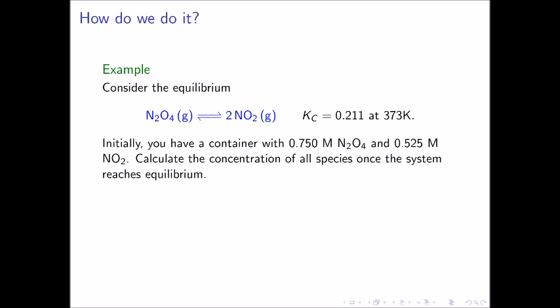Calculate the concentration of all species once this system reaches equilibrium. The first step, as always, is to write the Kc expression. In this case, we have the concentration of NO2 squared in the numerator and the concentration of N2O4 in the denominator.